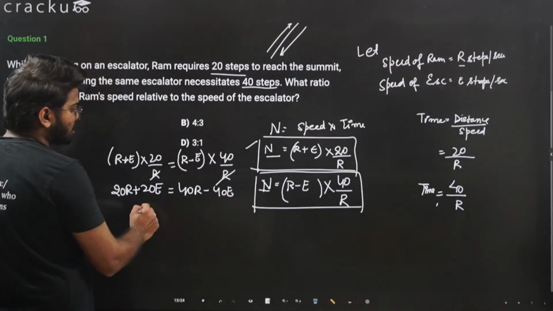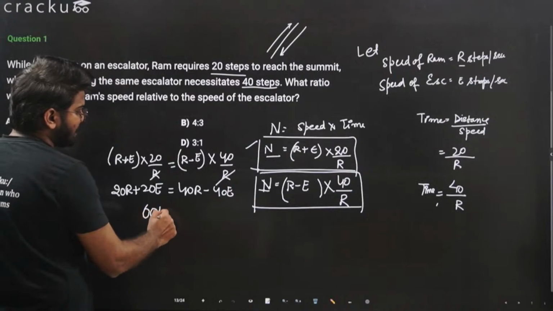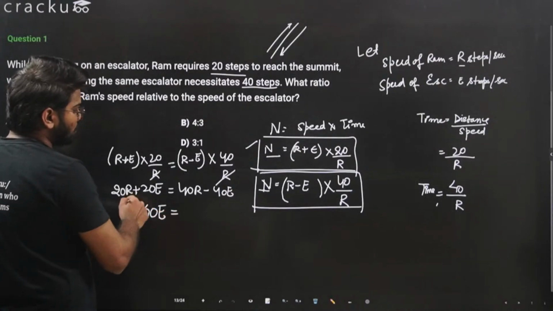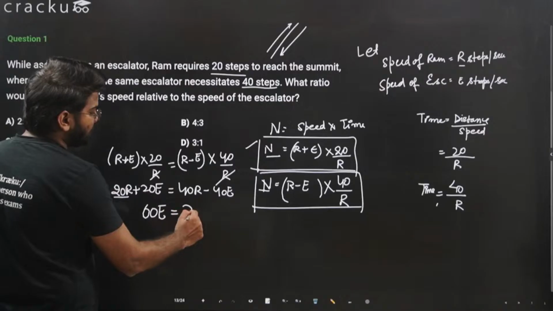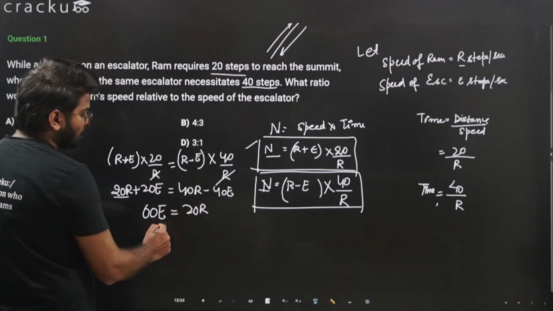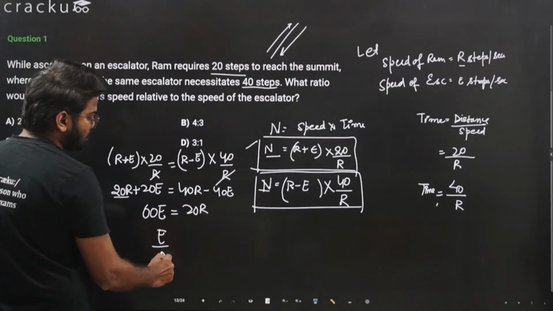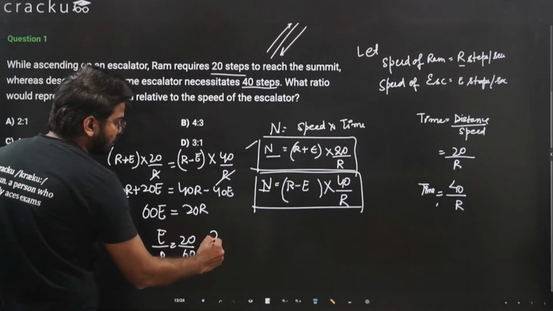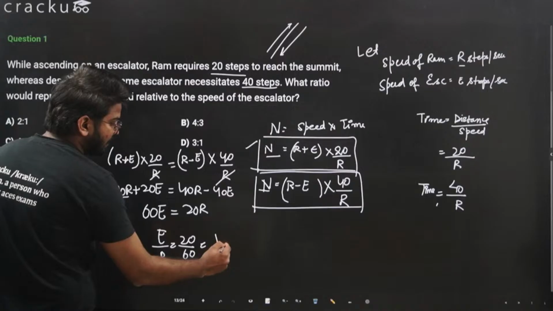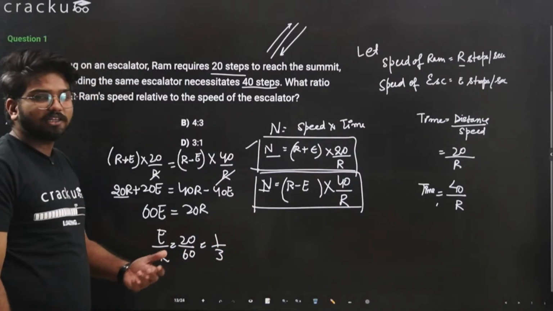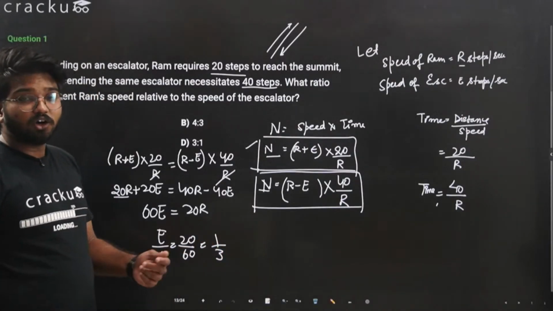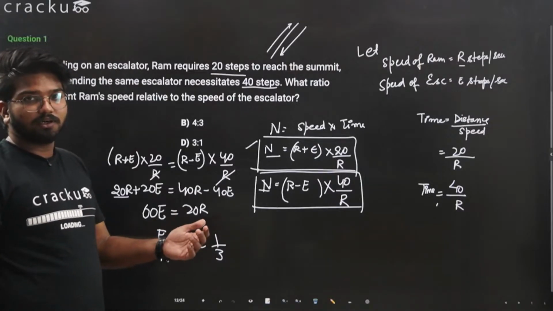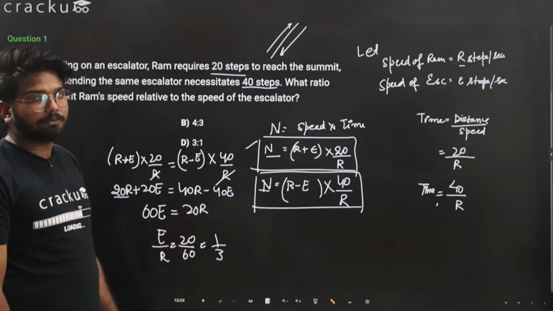Taking both variables to the same side, this will be 60e is equal to 20r, or e by r is equal to 20 by 60, that is 1 by 3. So we got the ratio of the speed of escalator and speed of Ram.